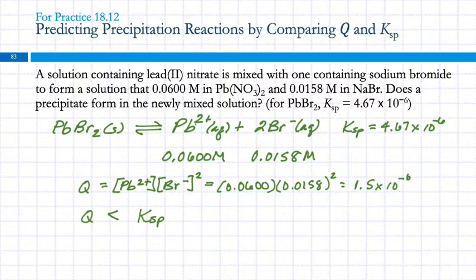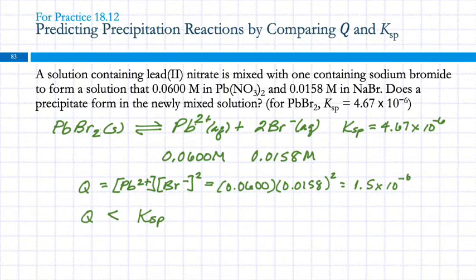this reaction will proceed until it is at equilibrium, until we get to K equals this, Q will equal that, and in order for that to happen, these concentrations need to get larger, right?